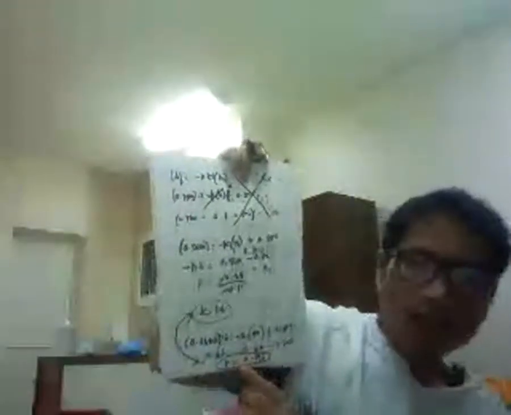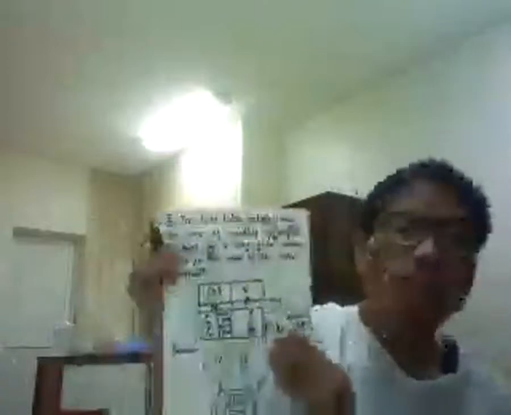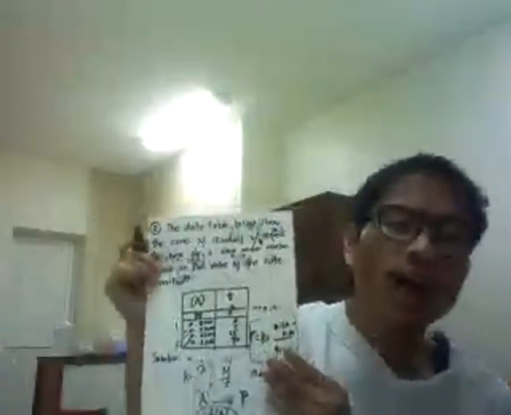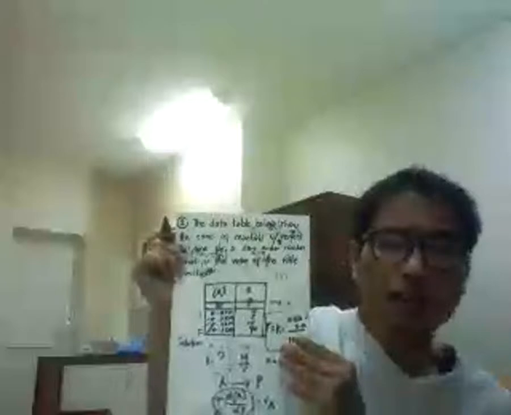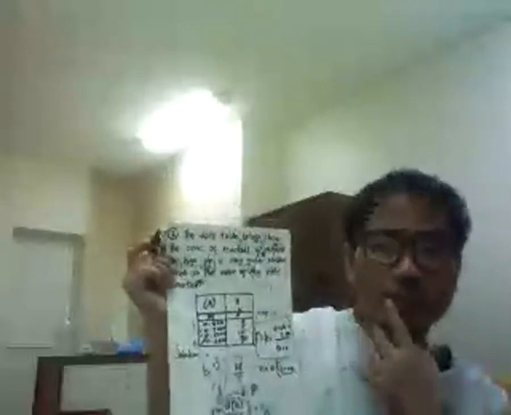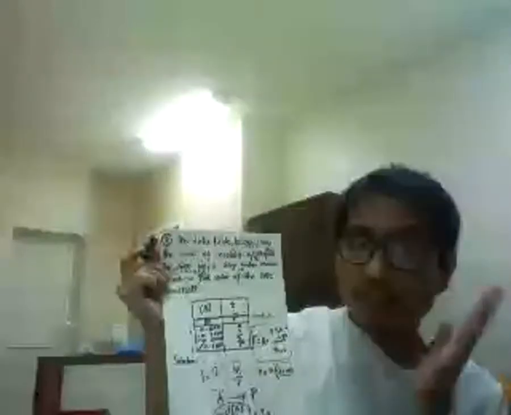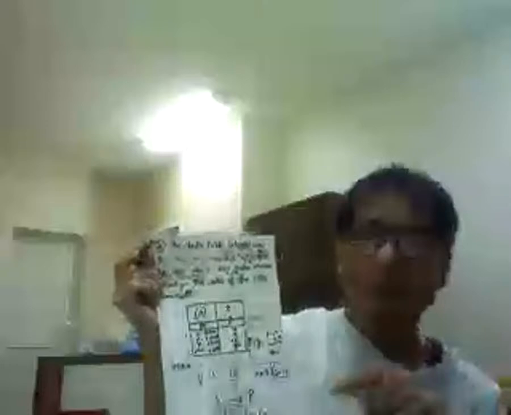See? K is 0.016, by using this formula, which is the zero order integrated law. Meaning to say, the integrated law and the original law, without integration, give the same value. So we say this is the correct answer, because the rate constant from the original law is equal to the K we solved from the integrated law.